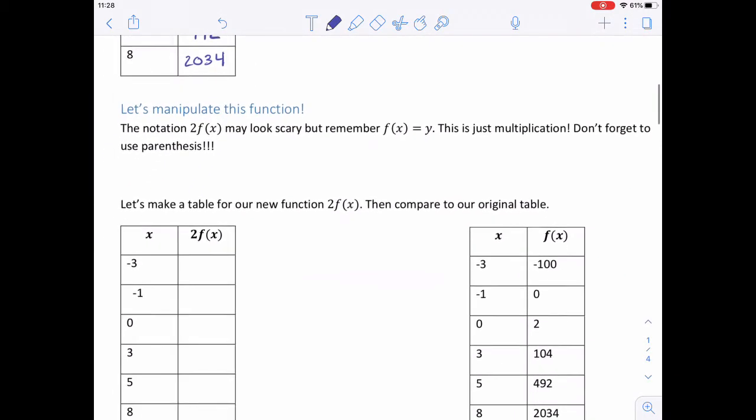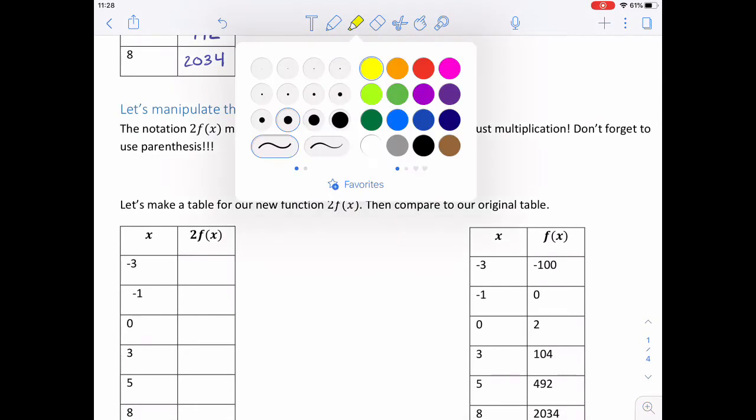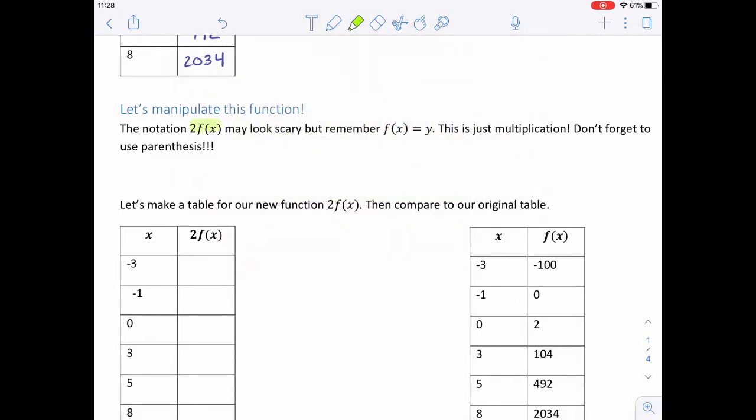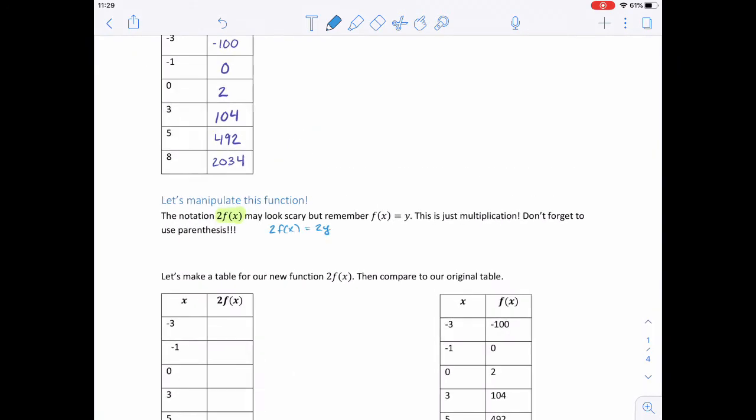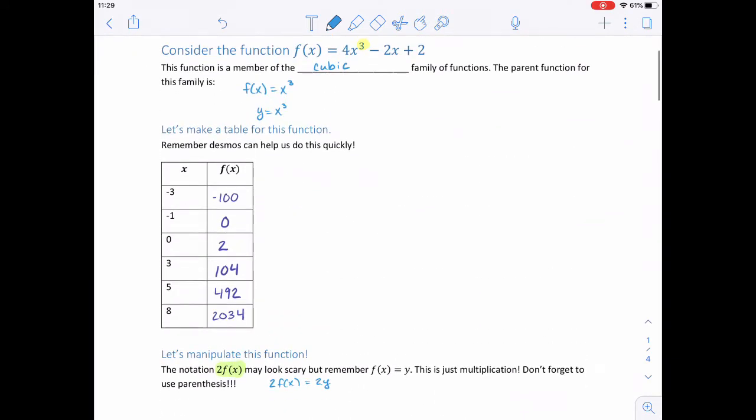So the first thing we're going to do is we're going to find 2 f of x. And so that notation might look scary, but really f of x is just y, so 2 f of x is just really the same thing as saying 2y. But let's look at what it looks like with our function. So you remember f of x is 4x cubed minus 2x plus 2.